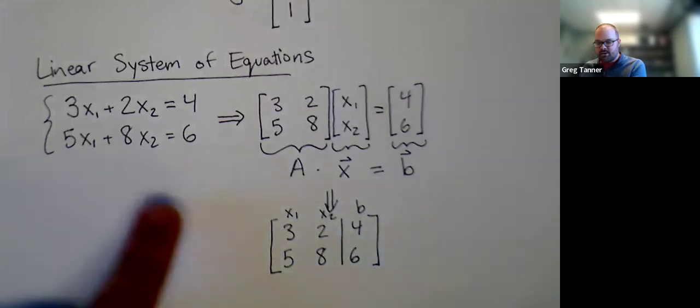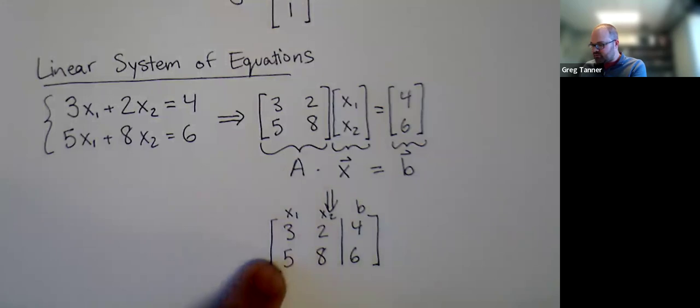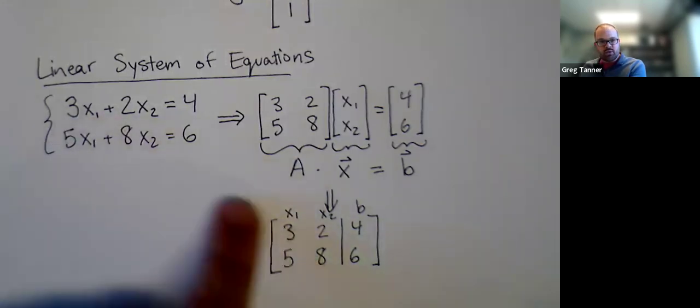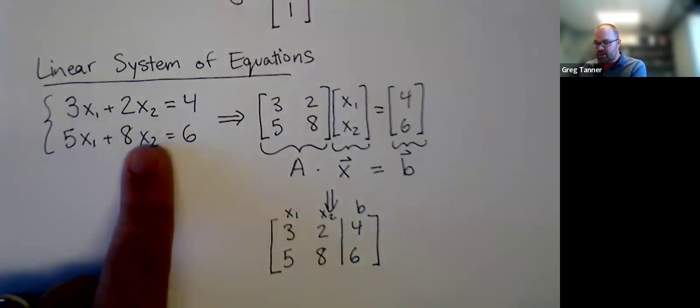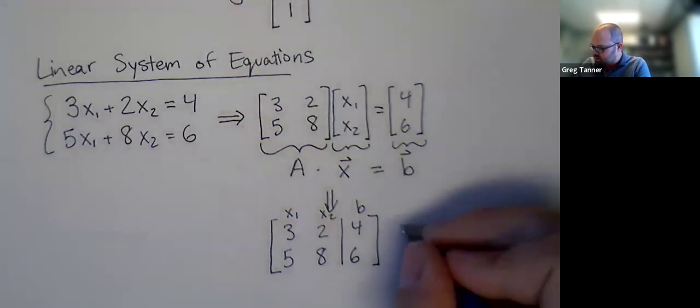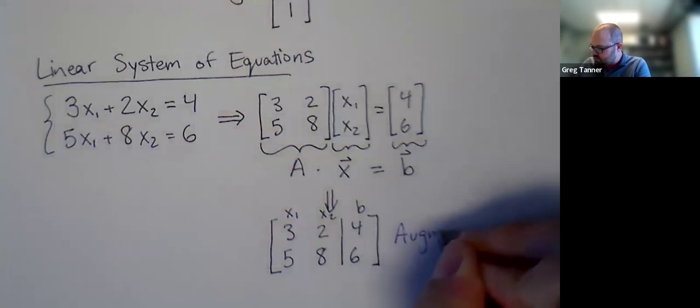Okay, and we can see that 3 and 5 were both the coefficients of X1 over here, and 2 and 8 were both the coefficients of X2 over here, and then 4 and 6 were each of the respective right-hand sides. And so this here is called augmented form.